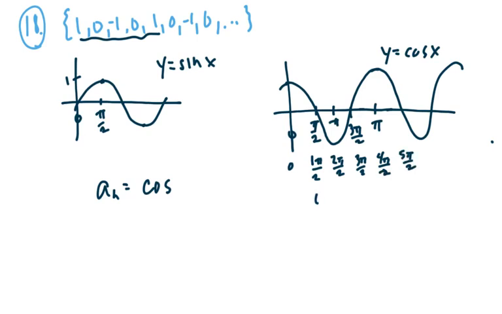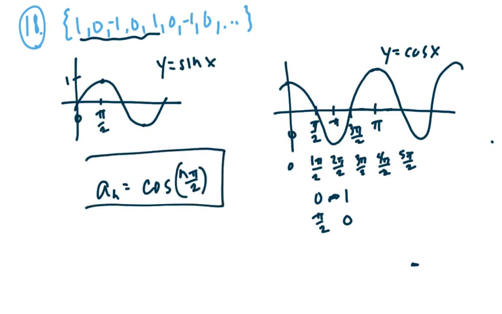So you could map them out and say that 0 gives me a y value of 1. 1 pi over 2 gives me a y value of 0. And so forth. So we could call this n times pi over 2. And that's our general term here.